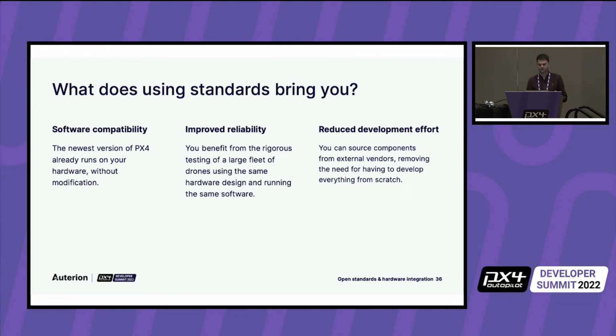The first one we've talked about already is software compatibility. You don't have to modify PX4 to make it run on your drone, which saves you cost, effort, and headaches, and it allows you to always be compatible with the newest version. You don't have to reserve time to bring new features onto your own branch of the software to deploy it.